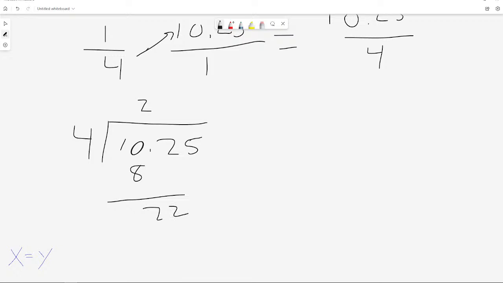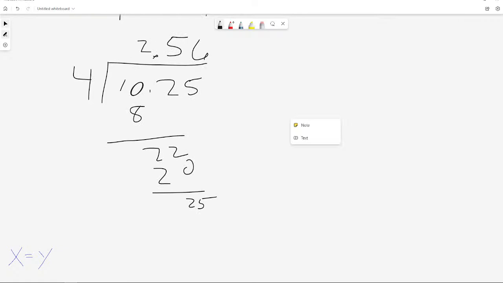Don't forget the decimal. Four goes into 22 5 times. 20. And we get 25. 4 goes into 25 6 times. We get 24. Now we have 10. 4 goes in there twice. Now we could keep going, but this is where we're going to stop.